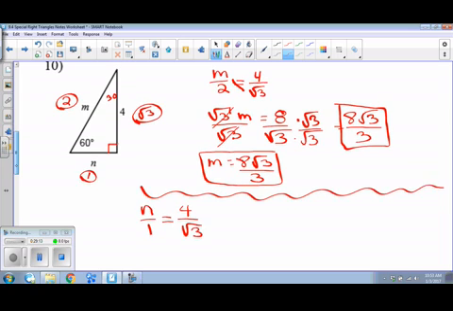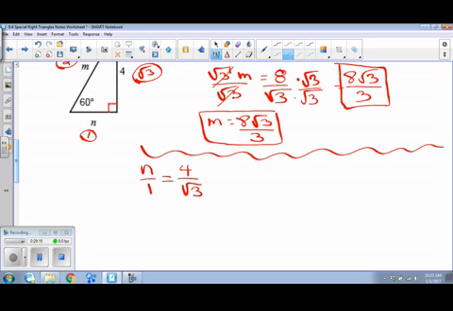So when we cross multiply, we get square root of 3 times n equals 4. So now we divide both sides by what? Okay. So n equals 4 over the square root of 3.